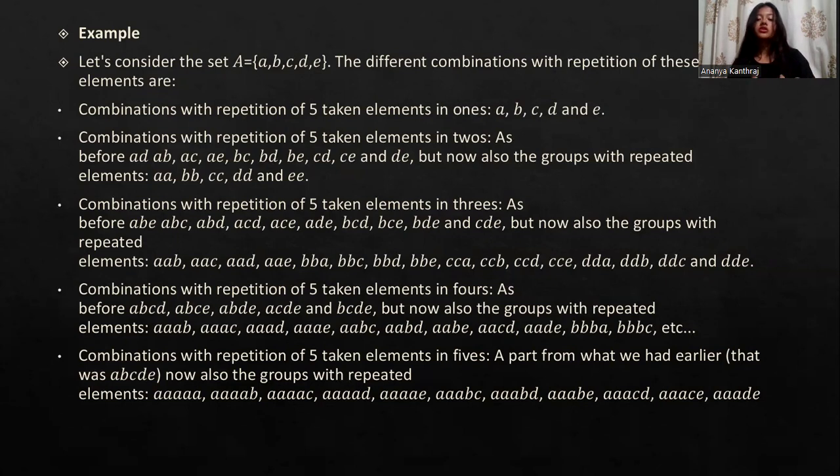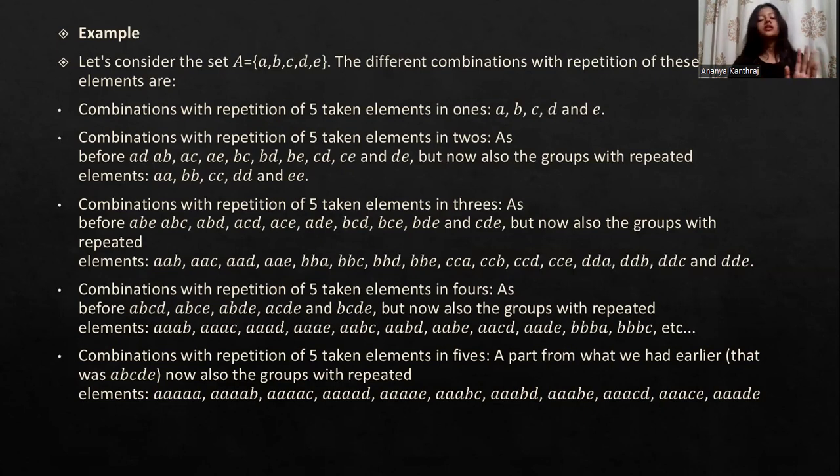But now they can also be grouped with their repeated forms such as AAB, AAC, AAD, AAE, BBA, BBC, BBD, and so on. Combinations with repetitions of 5 elements can also be taken in fours as ABCD, ABCE, ABDE, and so on, up to the related number of groups which are repeated. And then it can also be in the form of AAAB, AAAC, BBBA, BBBC, and so on.